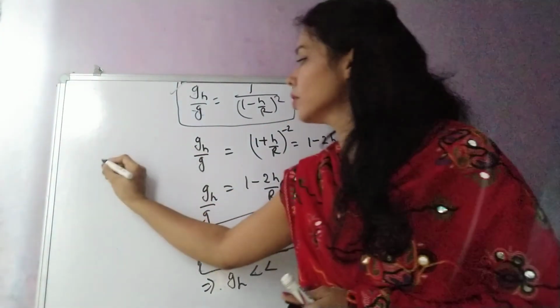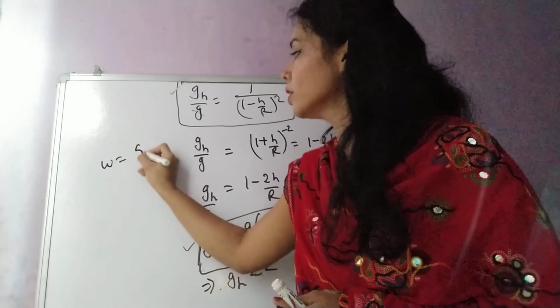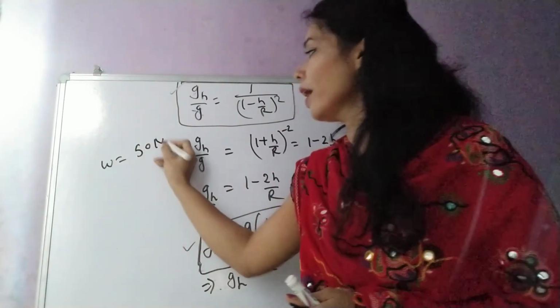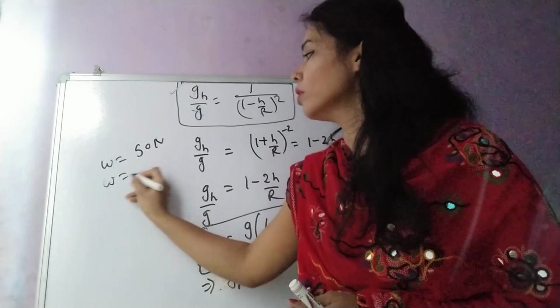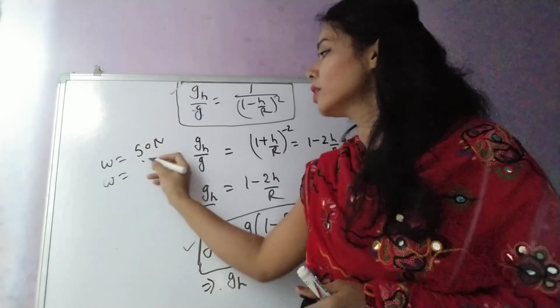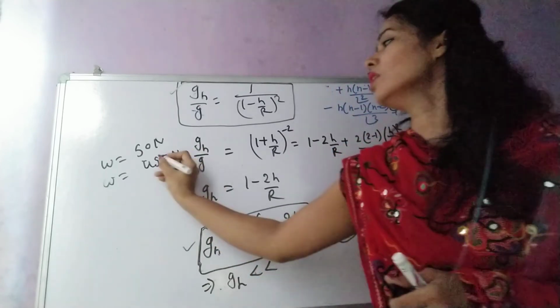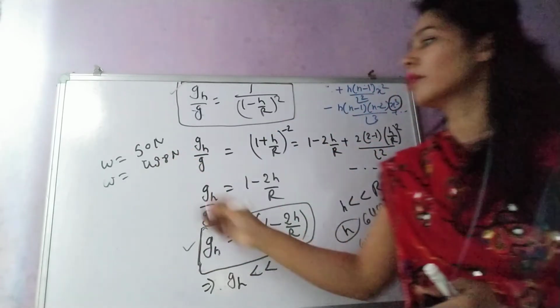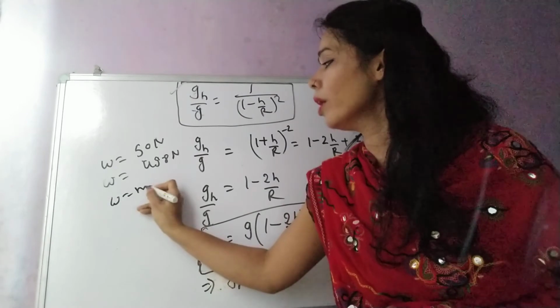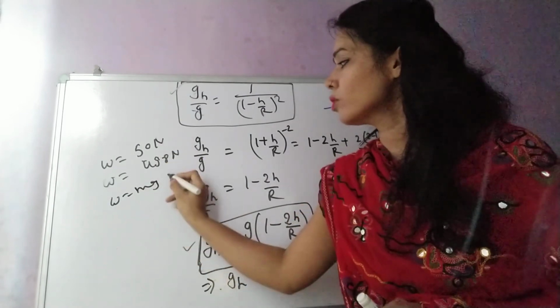Suppose your weight is 50 Newton at Earth's surface, then your weight will decrease by a certain amount, like 49.8 Newton, at a certain height. Why? Because we know weight equals to mg. So mg equals to 50 Newton.